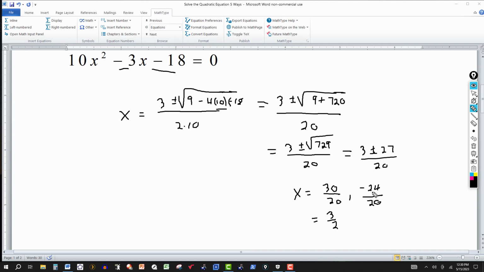And here, minus 24 over 20. We can reduce that, divide by 4. 4 into negative 24 will be 6. And 4 into 20 would give me 5. So again, get the same solutions. X is 3 halves. Or it can be negative 6 fifths.